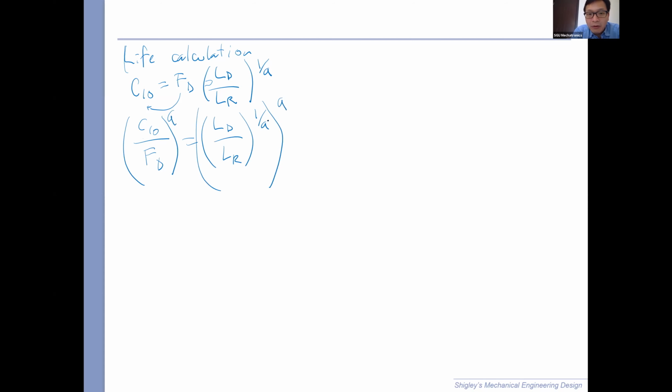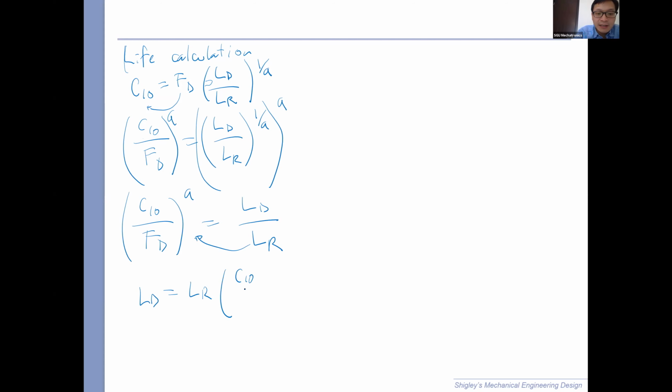So if I do power of A on both sides, we end up with C10 over FD to the power of A, LD over LR to the power of 1. So move LR over here. I end up with LD equals LR C10 over FD to the power of A.